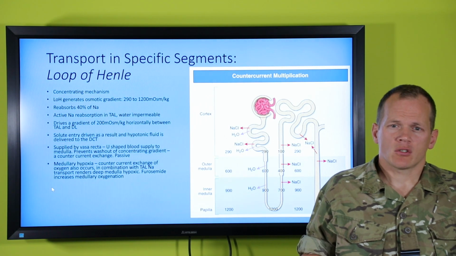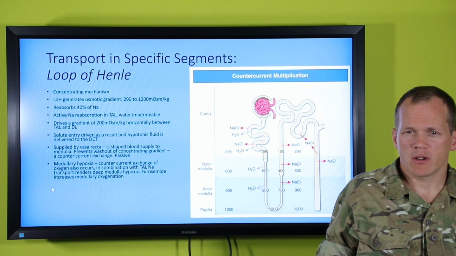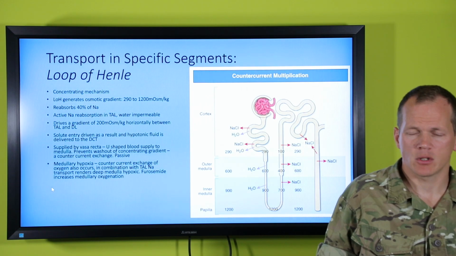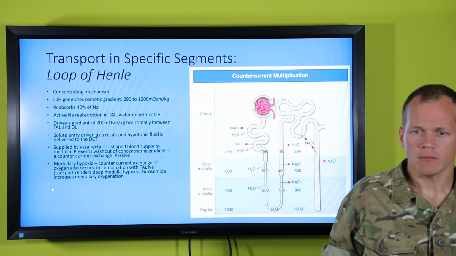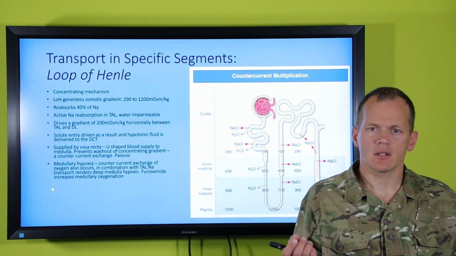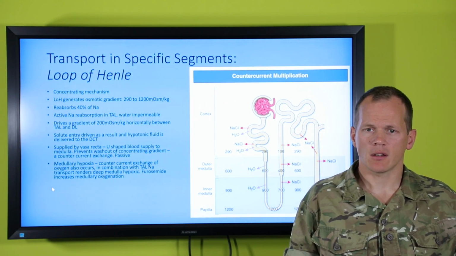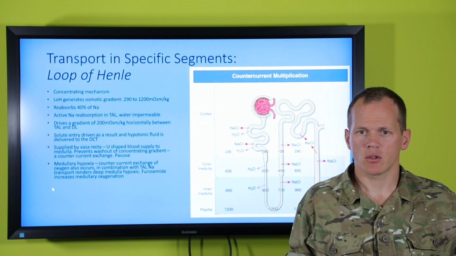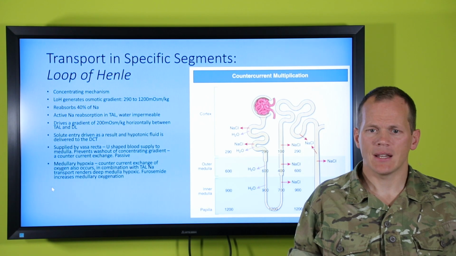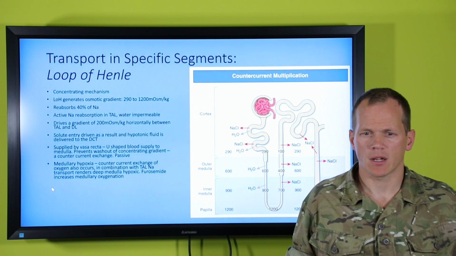And it generates that concentration gradient up to 1200 milliosmoles, and it's the point at which you reabsorb about half of your sodium, and that's through that active reabsorption in a thick ascending limb, which is water impermeable. And so we deliver from that a hypotonic fluid to the distal tubule, because those pumps have generated a gradient across, and the fluid leaving the loop is hypotonic, but we've retained most of our salt and water, and it gives us that concentration gradient to selectively reabsorb against.